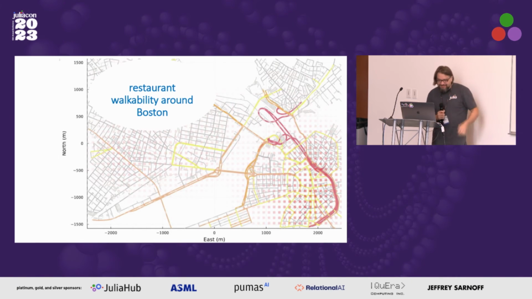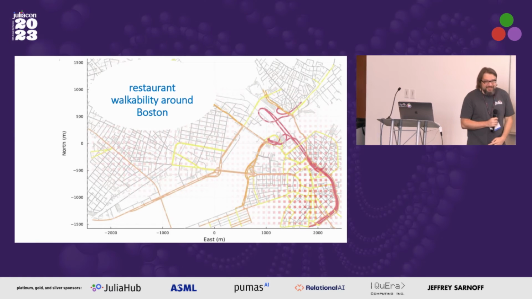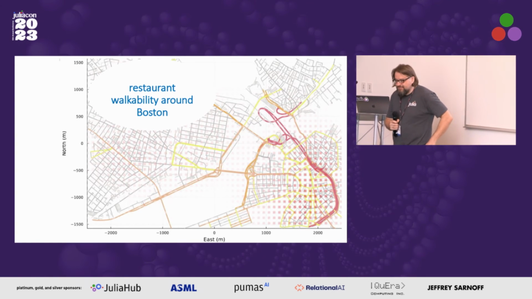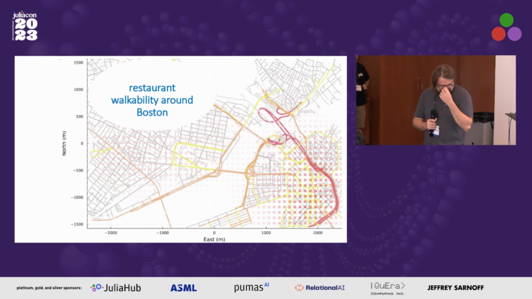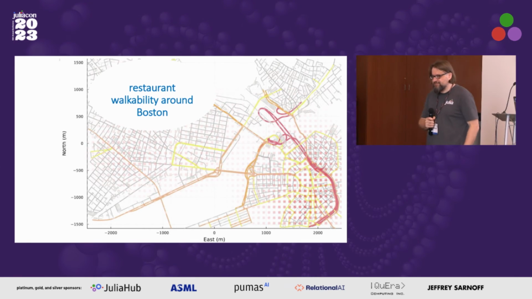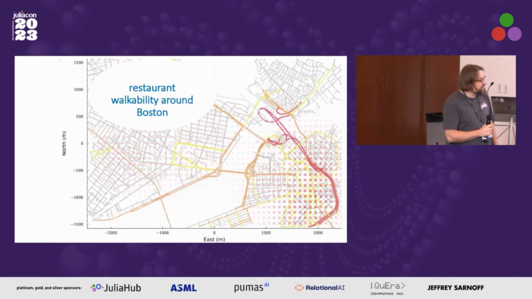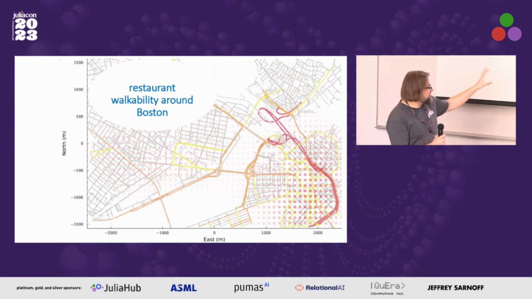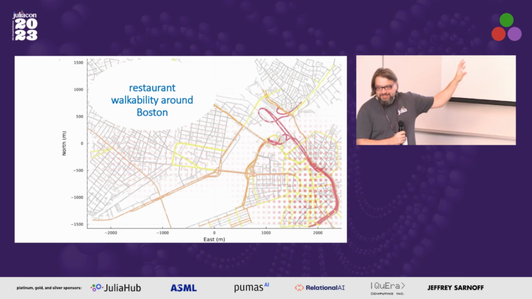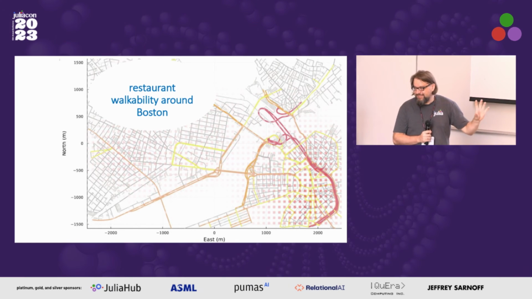Here is an example of this index. Searching this index is very fast. It takes roughly 50 microseconds per query. So it's actually possible, for example, to take a granularity of 100 meters, step by step, take the entire state or entire country and calculate the walkability point by point.